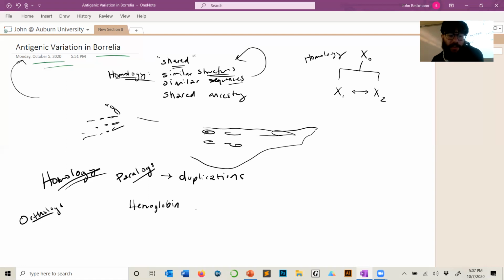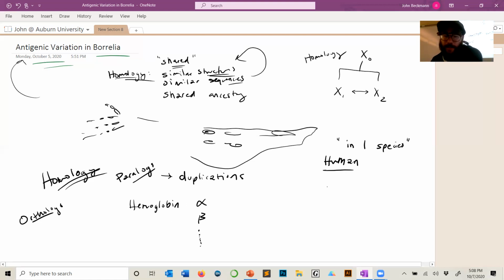There are different types of hemoglobin: alpha hemoglobin, beta hemoglobin, and some other versions. So a classical example of a paralog would be that in one organism, say a human, a key thing here in paralogs is in one species, so we're talking about Homo sapiens here, we have, I think, more than 4 copies of hemoglobins.